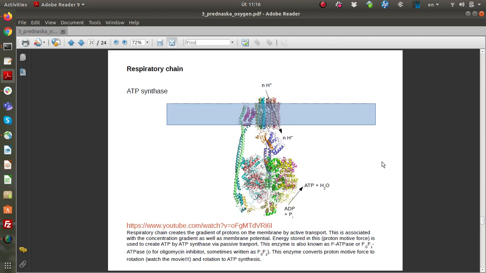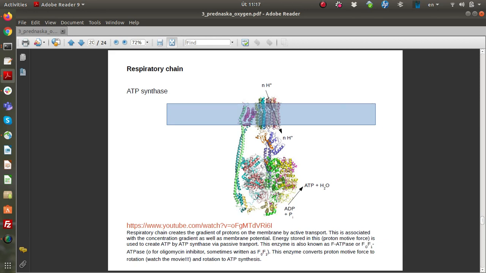But what these enzymes can do is catalyze a reaction in the opposite direction. So if this isolated ATP synthase is loaded with a high concentration of ATP, it can catalyze the reaction in the opposite direction. It can decompose ATP to ADP and inorganic phosphate, and in this reaction it rotates, but in the opposite direction.